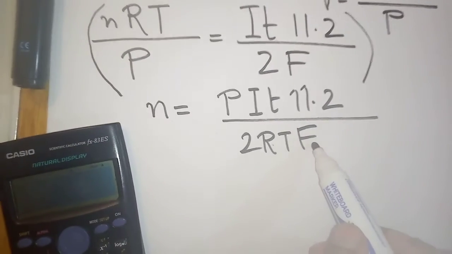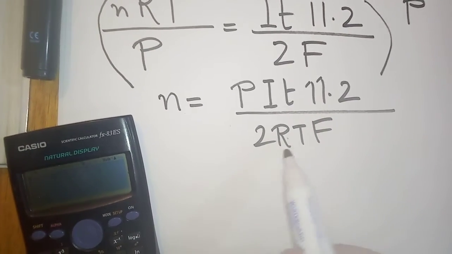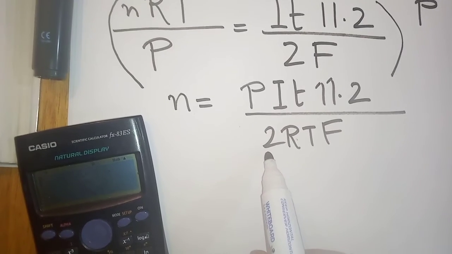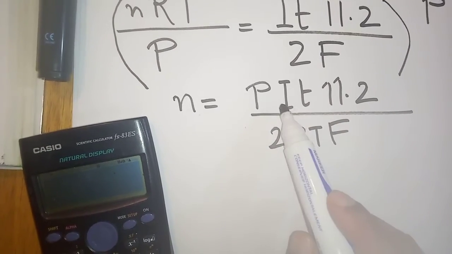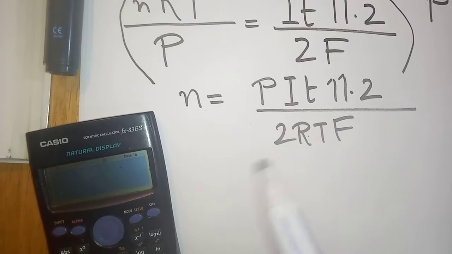So we all know what F is. T is temperature, R is 8.31, 2 is the oxidation number of oxygen, 11.2 represents STP, time, current, and pressure.